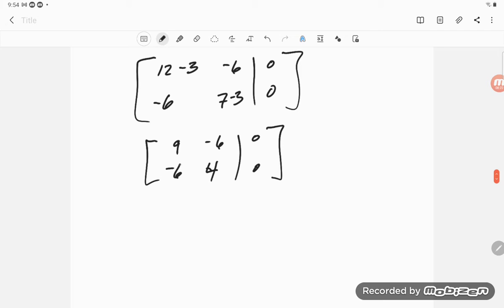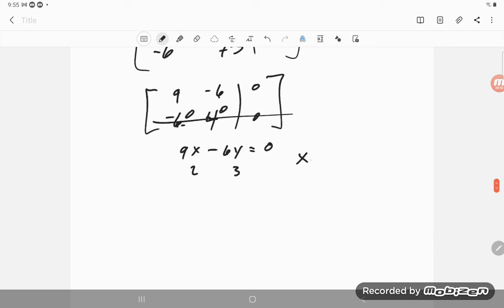And I can see that if I multiply the top by 2/3 and add to the bottom, I get zeros across here. And so I have 9x minus 6y equals 0. And I can write that probably in lowest terms with nice integers. If I let x be a 2 and y be a 3, I'll get a 0.